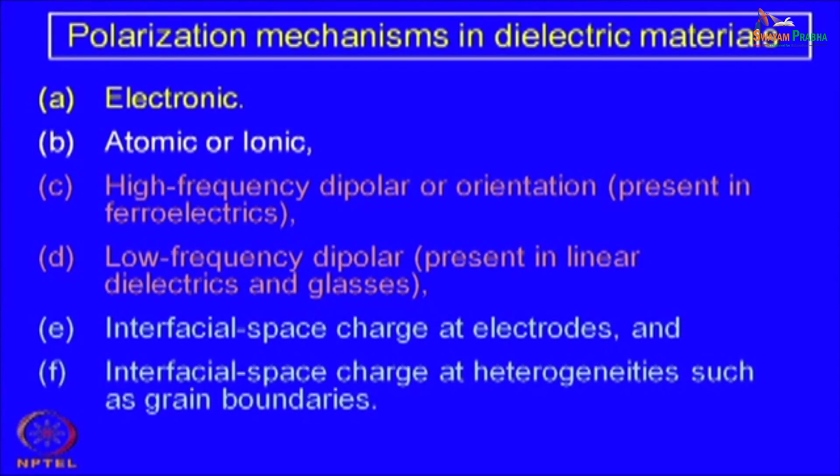For the space charge polarization also, we have 2 different categories. One is the interfacial space charge at the electrodes, which we have discussed, and just like the electrolyte is an interface, grain boundaries in polycrystalline ceramics also play a part so far as the interfacial polarization is concerned.